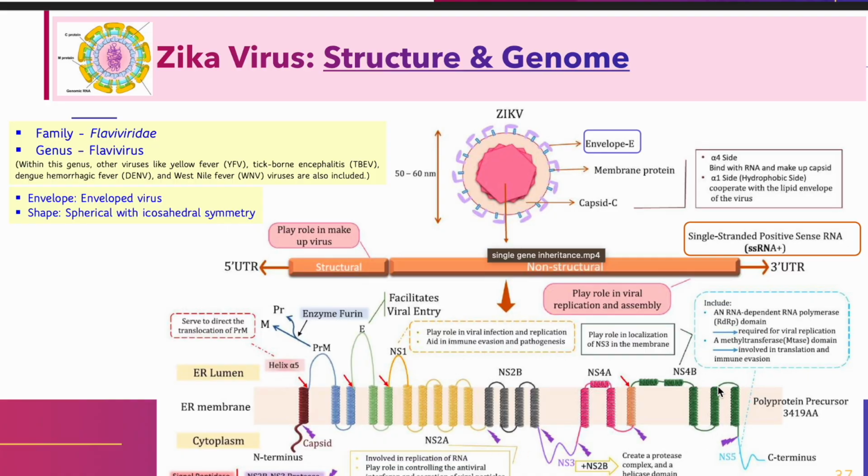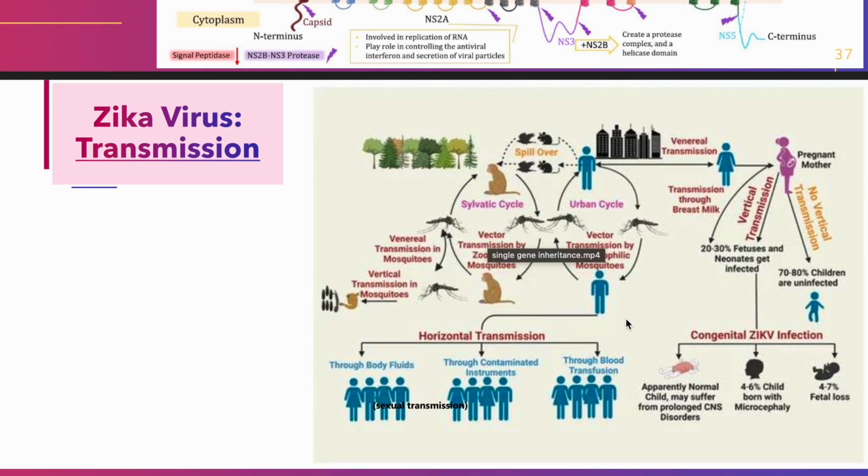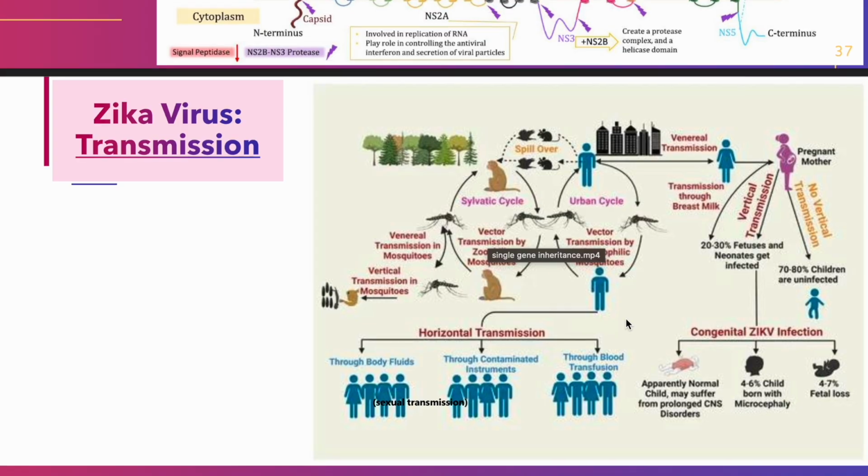The non-structural proteins are encoded by these genes, and they play a role in the replication of the virus, such as enzymes like RNA-dependent RNA polymerase, which we call RdRP. That's important for the single-stranded RNA in a plus strand.